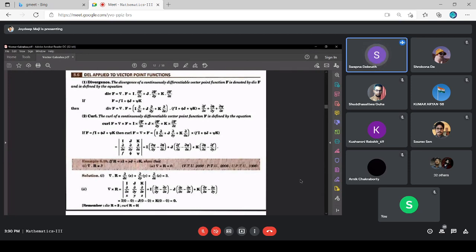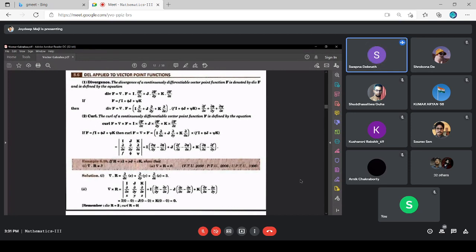And cross product means the determinant i j k. The first vector components are del del x, del del y, del del z, and the second vector components are f, phi, psi. Expanding or simplifying this determinant, it gives i of del psi del y minus del phi del z, plus etc. You see that there are i, j, k, which are unit vectors along the x-axis, y-axis, z-axis.